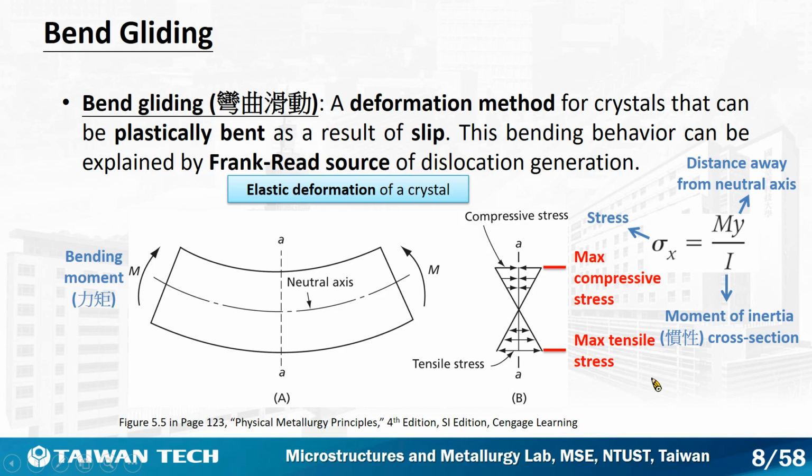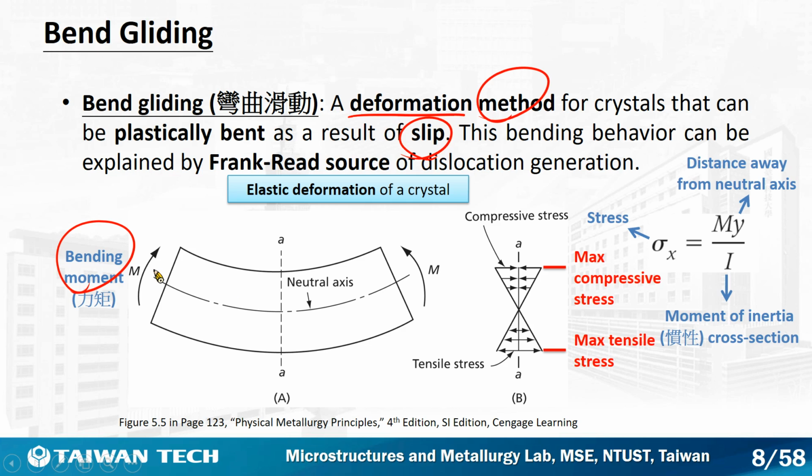Okay, let's talk about band gliding. Band gliding is actually a deformation method, and this method is due to the result of the slip. So, for example, we have a stick, a material like this, and then we apply a torque or a bending moment to it, like this one.